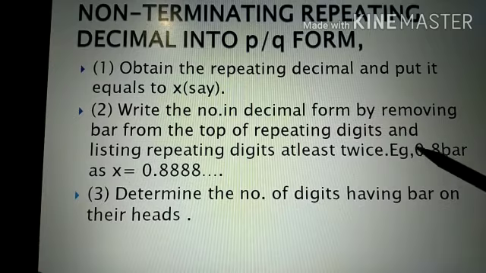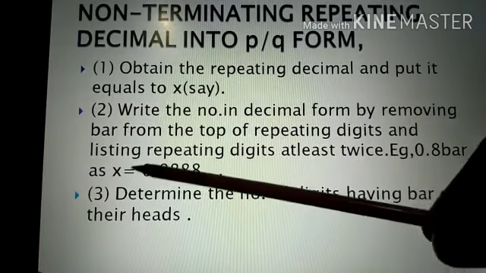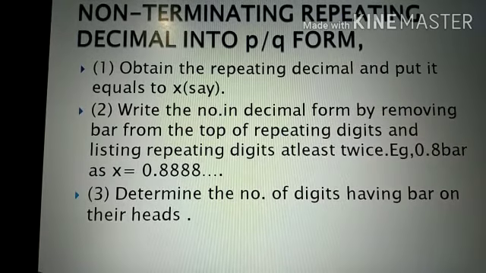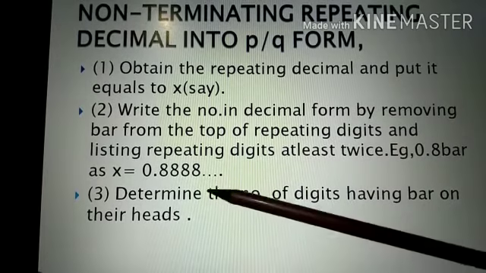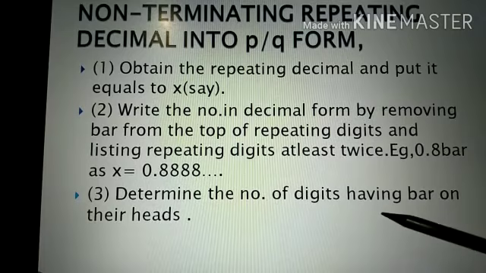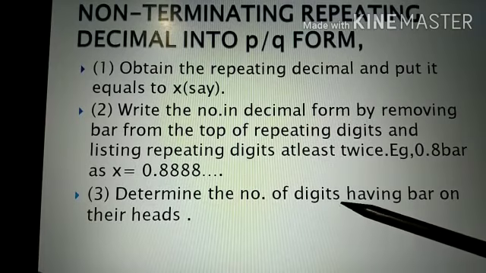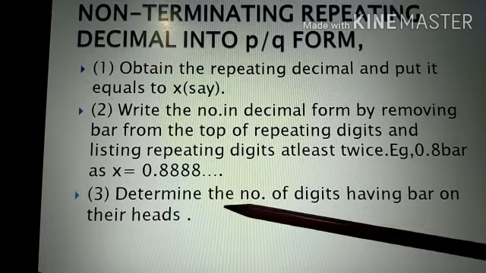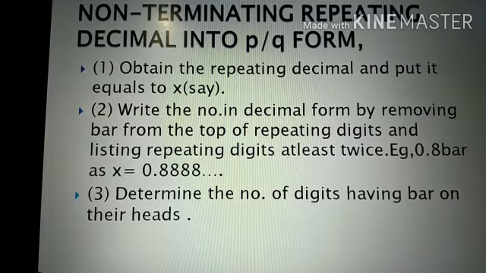For example, 0.8 bar, bar is on 8, so x is equal to 0.8888 and so on. Step third, we have to determine the number of digits having bar on their heads. We have to find the bar is on which digit or block of digits.